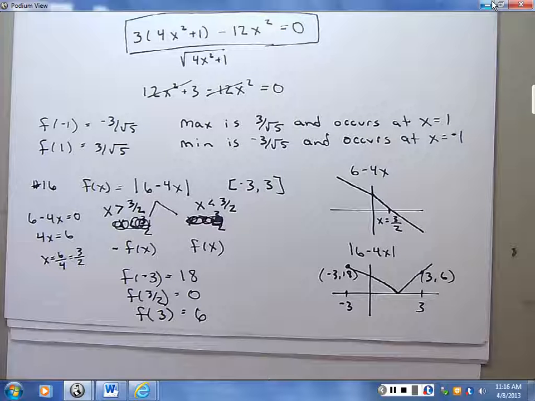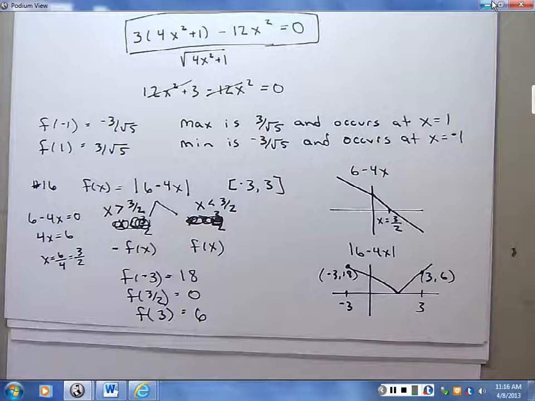So if I have a function that looks like this and I want to take the absolute value of it, I have to break it up on this interval. Here it's just the function, but in this interval it's minus the function, and in this interval it's the function, because the absolute value of a negative brings that to the top. When it's a line, it's pretty straightforward.